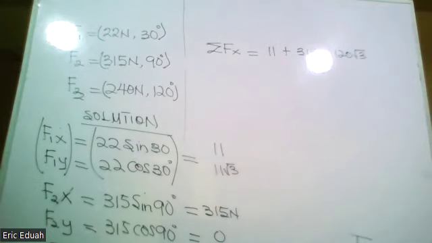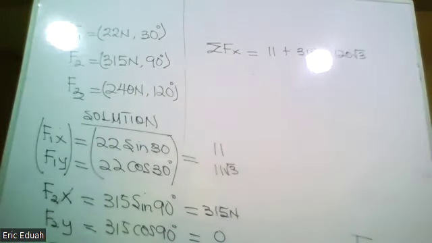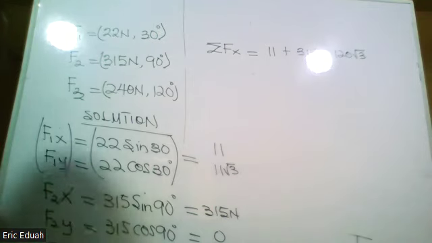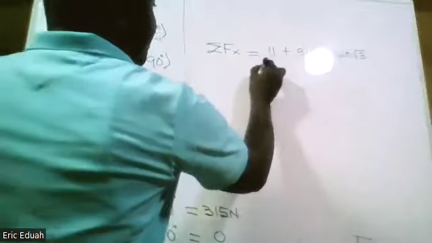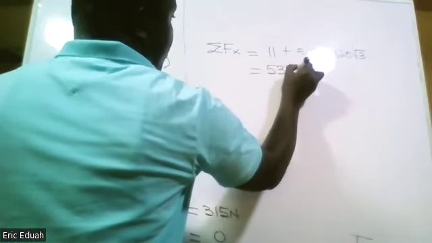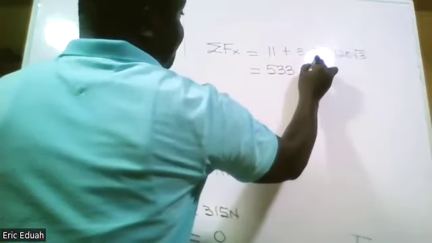What's the result? 523.8. Oh, I had 533.8. Yes, please. Rachel, okay. .85 Newton.